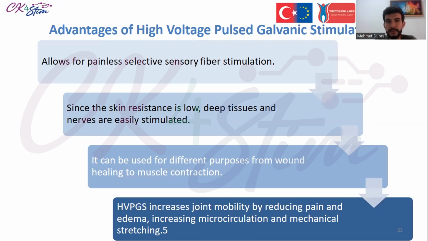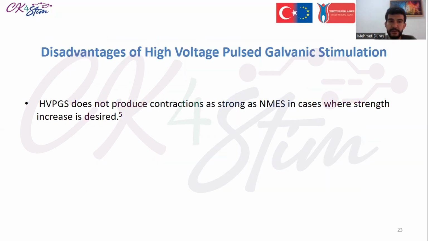It can be used for different purposes, from wound healing to muscle contraction, a wide range of purposes. And it increases joint mobility by reducing pain and edema, increasing microcirculation, and mechanical strengthening.